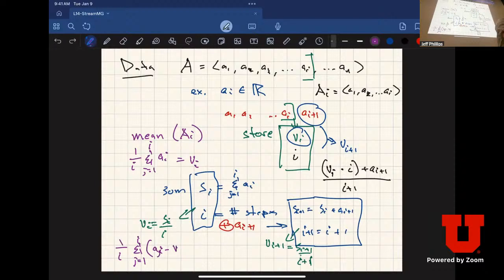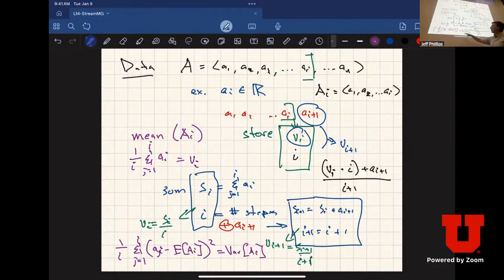Or I can write this as the expected value of (A_i minus its mean) squared. Okay? Do you think I could? So this is the variance. This is the variance of A_i. How would I do this?